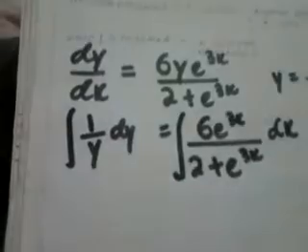What's the integration of 1 by y? Before that, I'll just ask you, what do we mean by integration? What's the integration of x? X squared by 2 plus a constant, which I'll not write here. And what's the differentiation of x squared by 2? The differentiation is x.